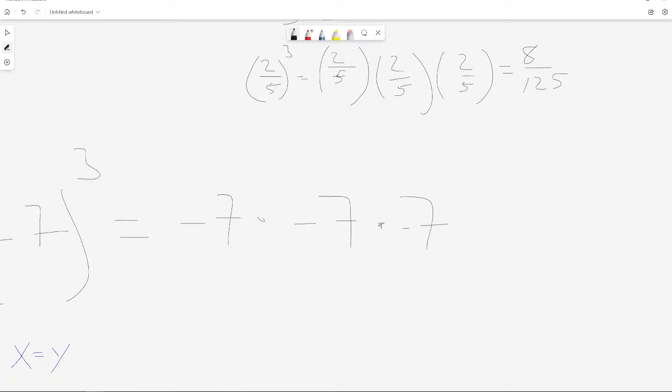And then what do we know about multiplying negatives? A negative times a negative is positive. So is the answer going to be positive? No, it will be negative because we have negative times a negative equals a positive number times a negative. A positive times a negative becomes negative. So it'll be -343.